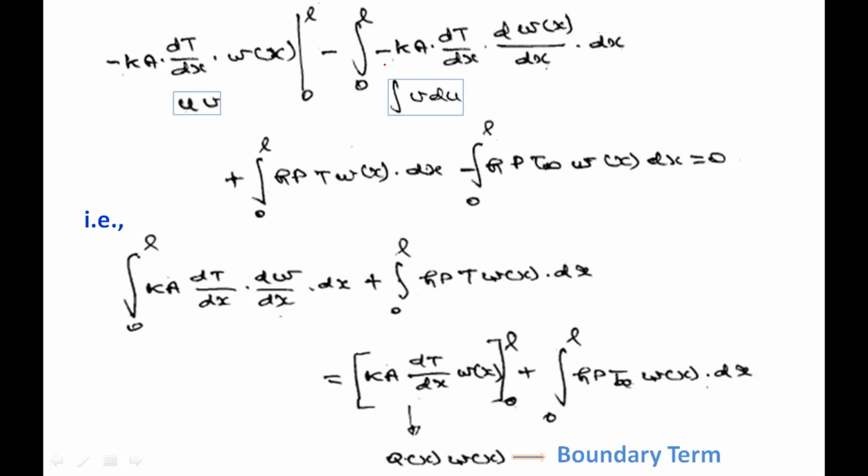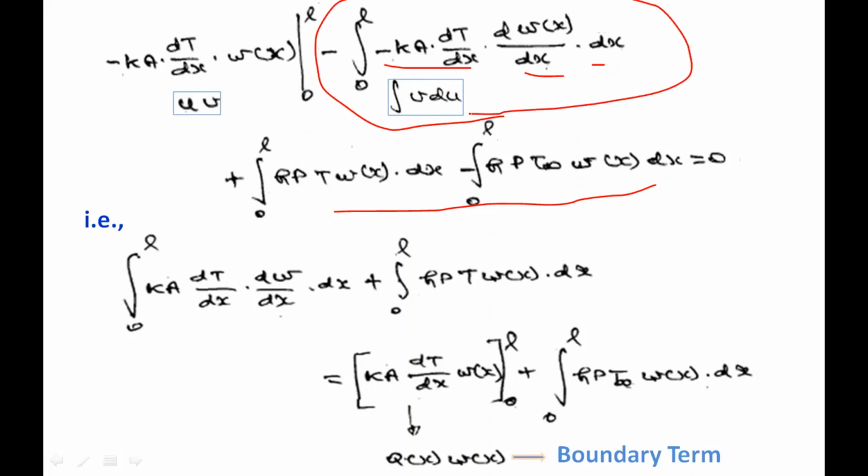So here, integral 0 to L, v is minus Ka dT by dx, u is w, so we get dw by dx. The remaining two terms we write as they are. In this equation, we keep this term on the left hand side and this term also on the left hand side, and we take this and this to the right hand side.